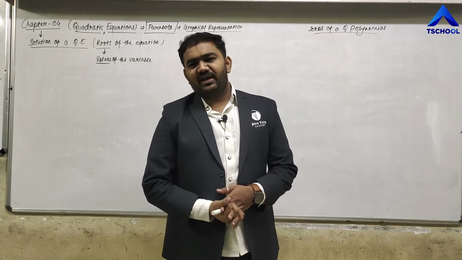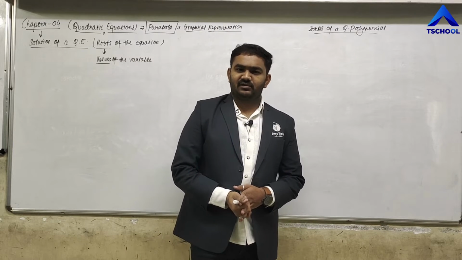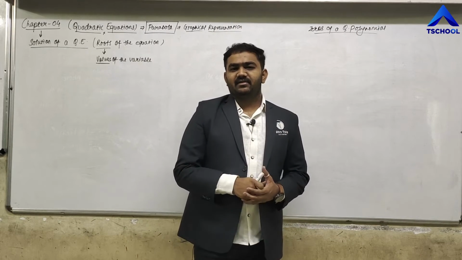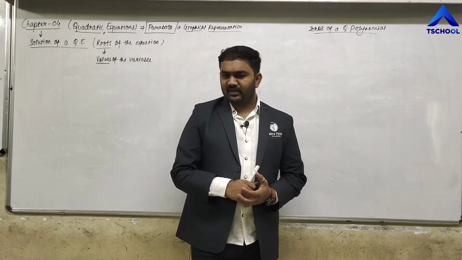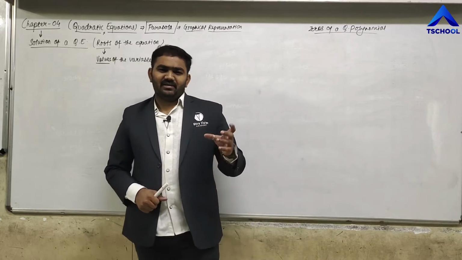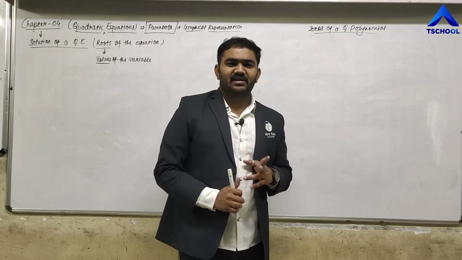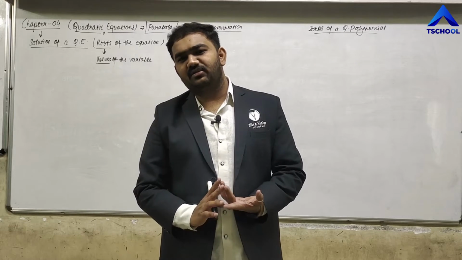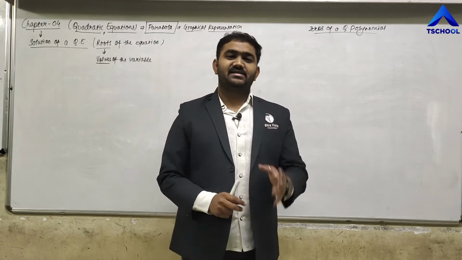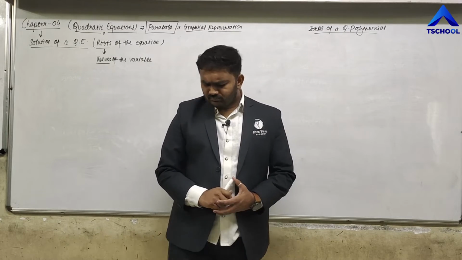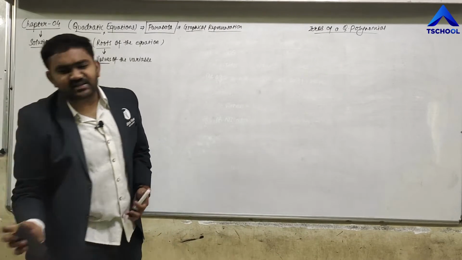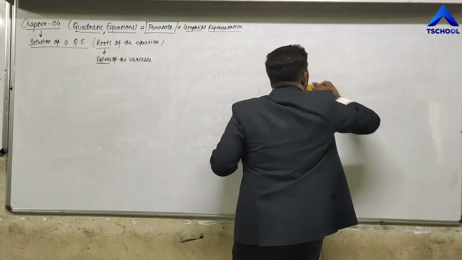Once we get the factors, we find the values of the variable, and hence they were the zeros of our polynomial. The same way, but there is only a slight change, that here we are not letting p of x equal to 0, because here it is already 0 in this case. So this is exactly the same as what we did for the zeros of a quadratic polynomial.